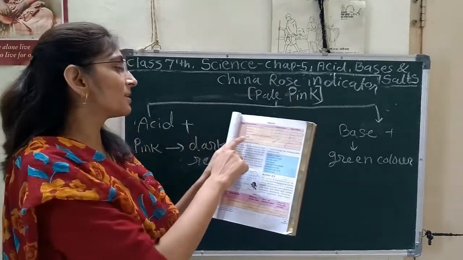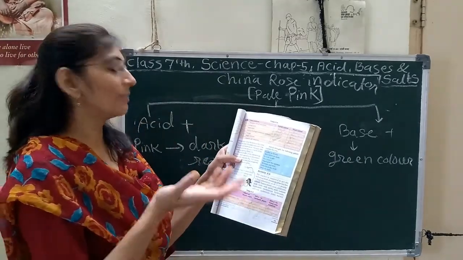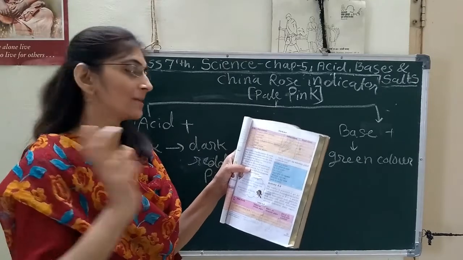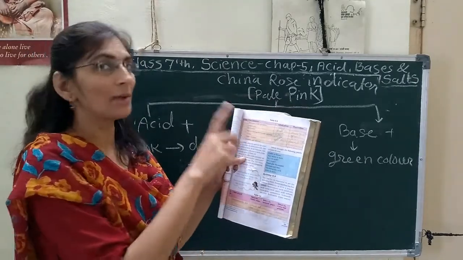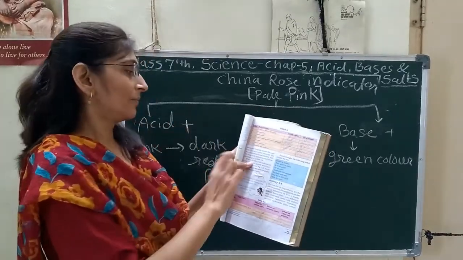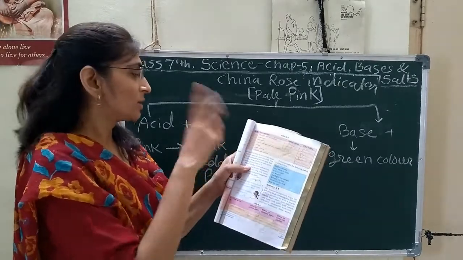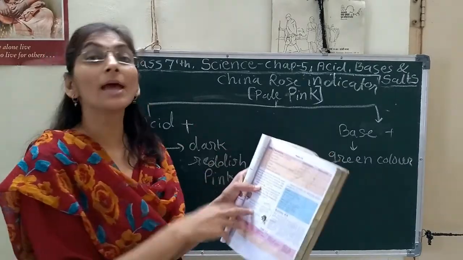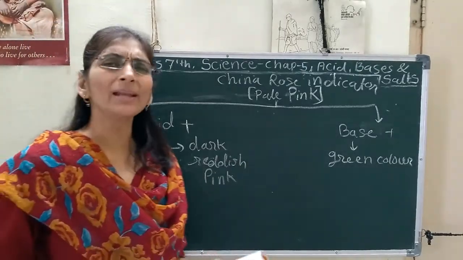Which substances can you apply? Shampoo, lemon juice, soda water, that is, the water of baking soda, sodium hydrogen carbonate. So baking soda solution also you can use here. Then vinegar, sugar solution, salt solution, and tamarind solution, or any other solution.